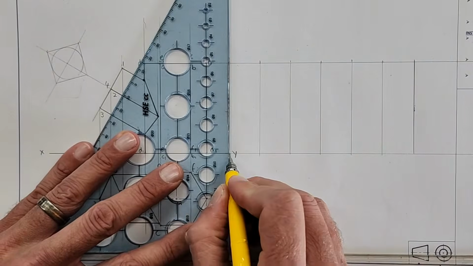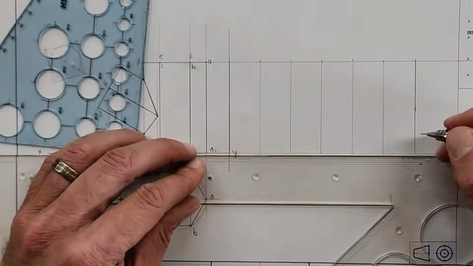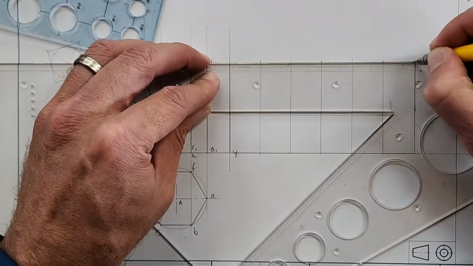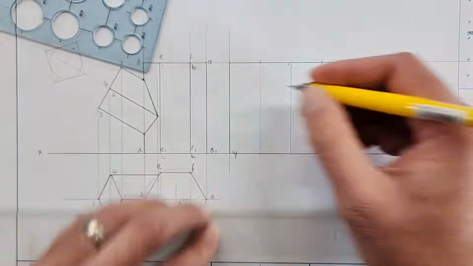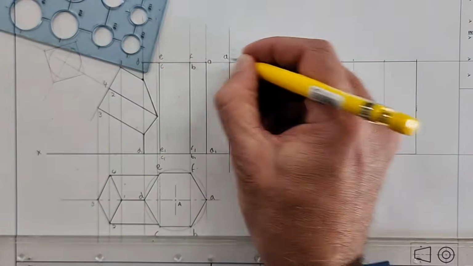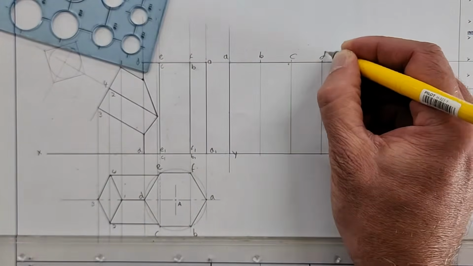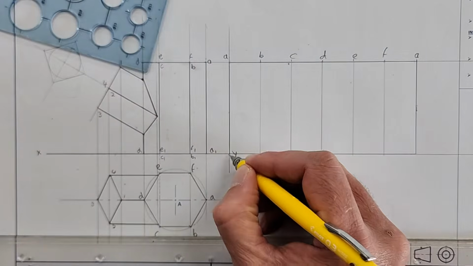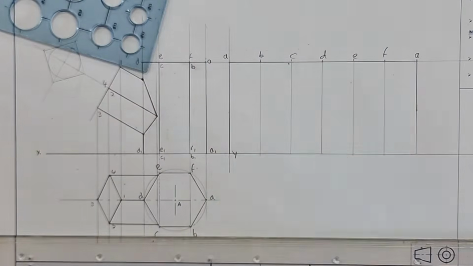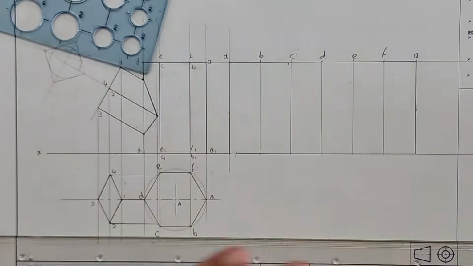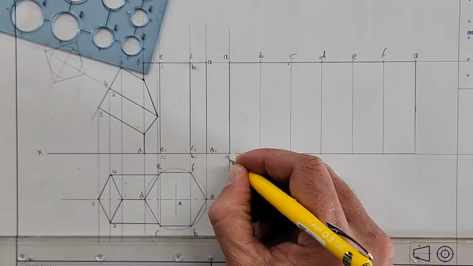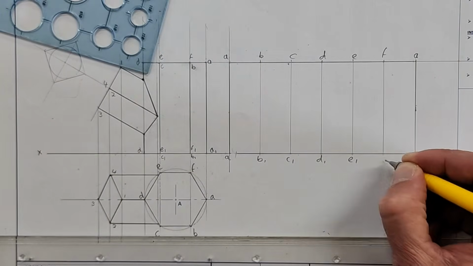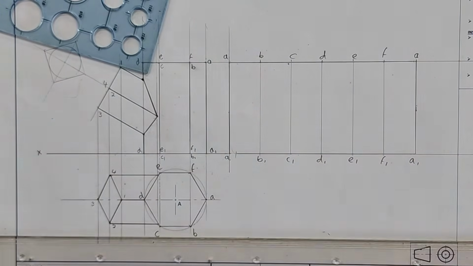This is the flat piece of metal that I use to manufacture that main pipe. We started here with A, that's B, C, D, E, F, and again A. This one at the bottom, don't get confused with that Y. That was my XY. There's my A1, B1, C1, D1, E1, F1, A1.